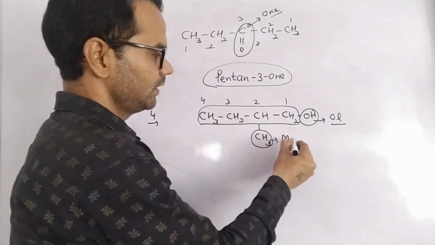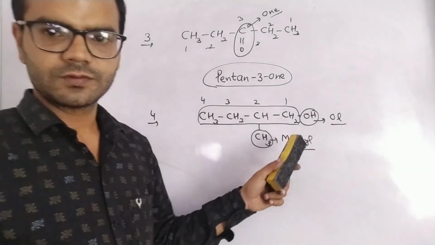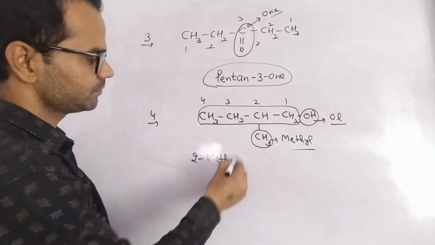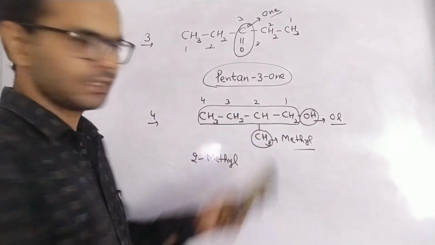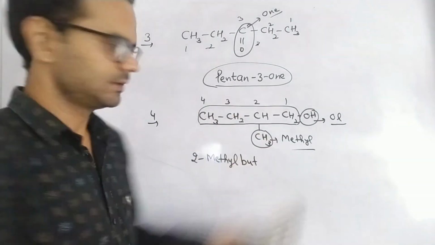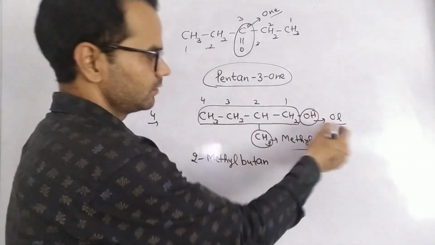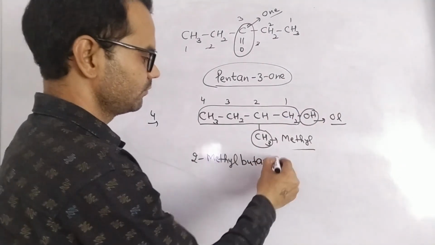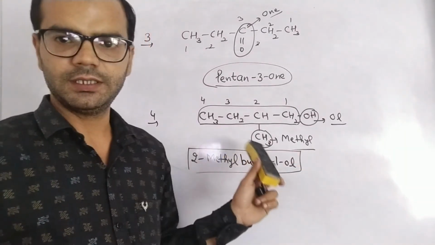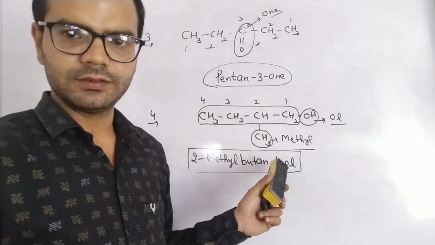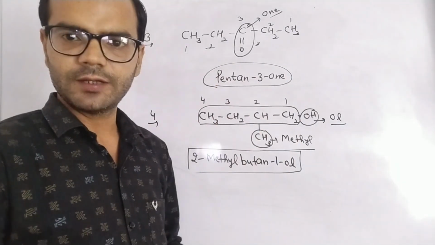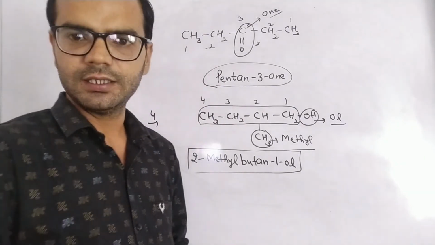This is a methyl group. So we can write 2-methyl. The parent chain contains 4 carbons, 2-methyl but, all single bonds. At first position we have ol, butane 1 ol. 2-methyl butane 1 ol.